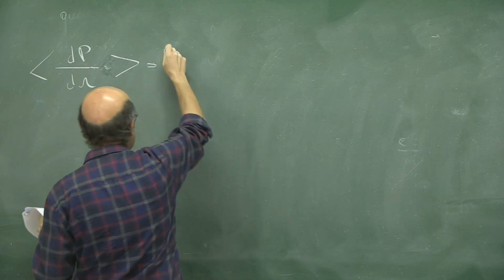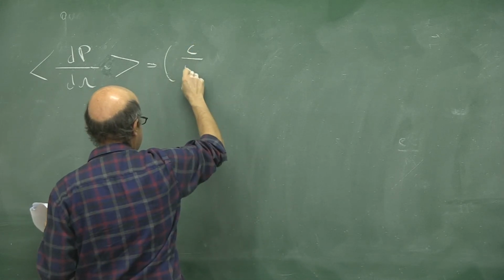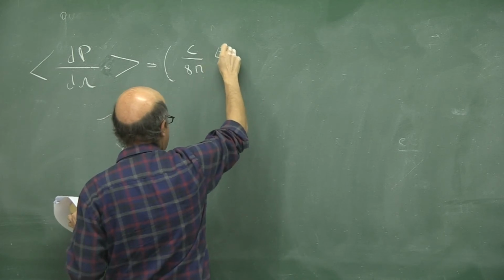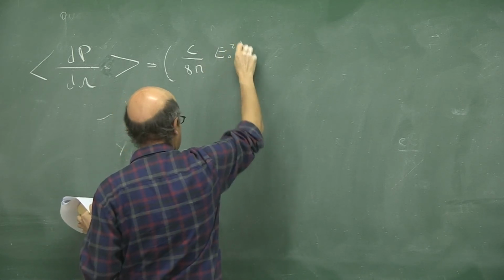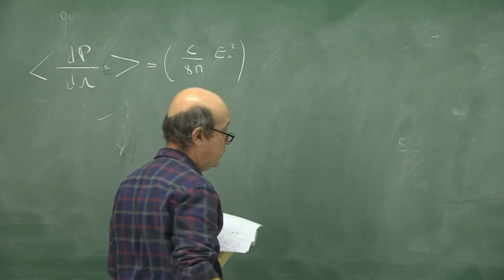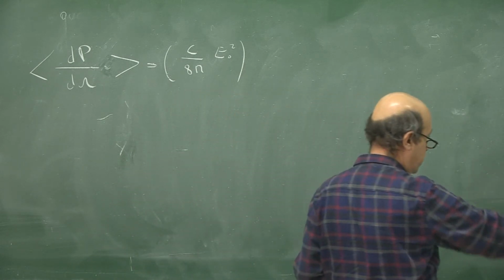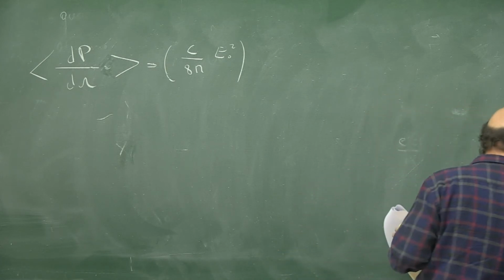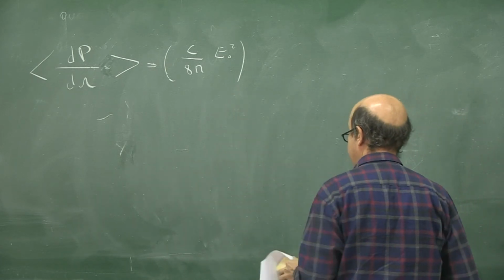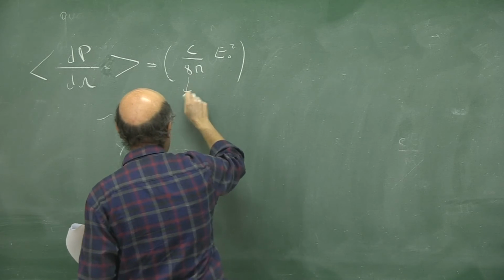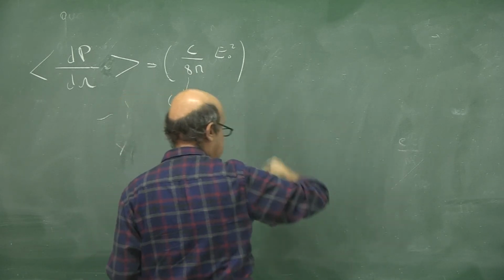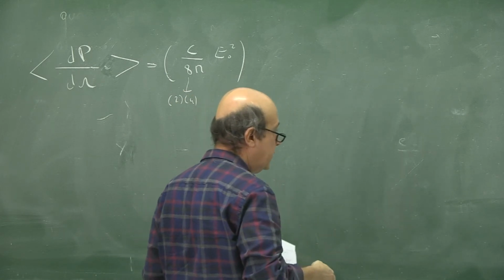Then the result will be the same as before with the same coefficients: c over 8 pi, E0 square over there. Again, 8 is nothing but 2 times 4, due to the time average of the oscillating cycle.